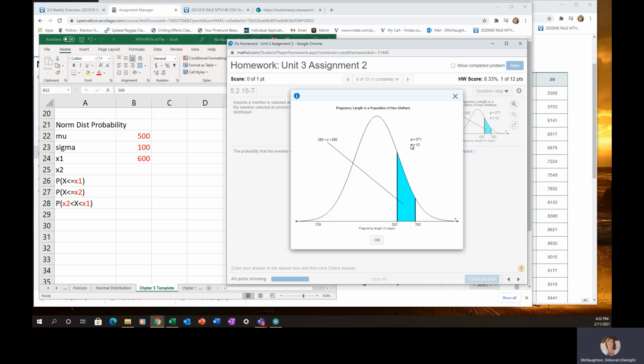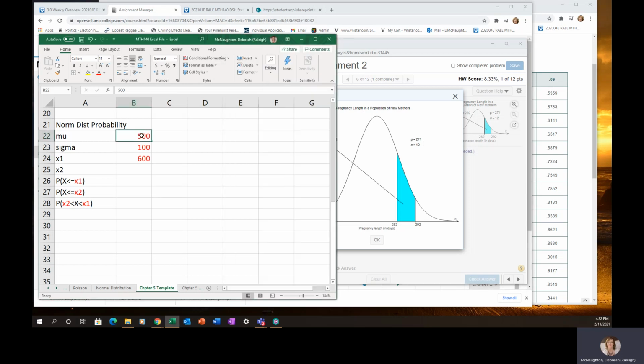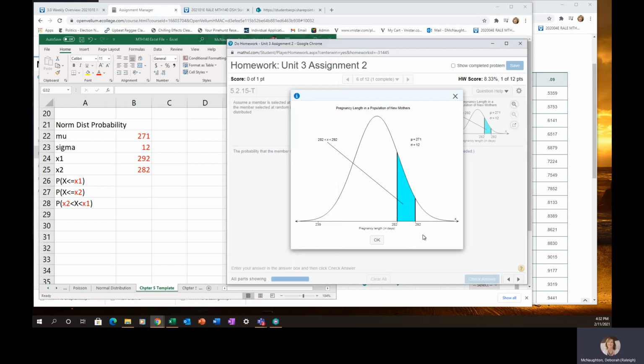All right, so it says that my mean is 271 and my standard deviation is 12, and my upper X value is 292, and my lower X value is 282. Okay, and I want the probability I'm in between 282 and 292.